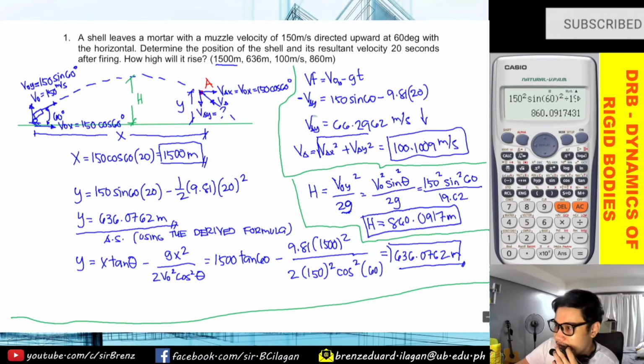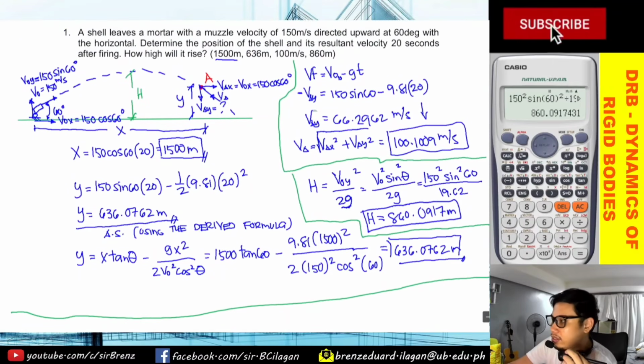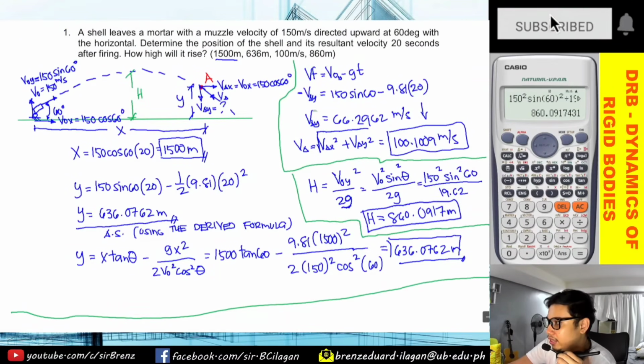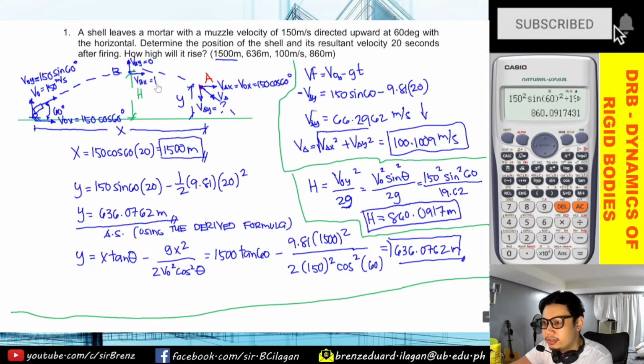So, tingnan lang natin. Gawa natin ng alternative solution yung pagkuha ng y. So, again, doon sa maximum height nga ulit, ano nga yung dapat alam natin dito? Sabihin natin to as point B. Yung VBY mo will be equals to 0 and ang meron ka na lang dito is yung VBX which is equals to yung VOX na 150 cosine 60.